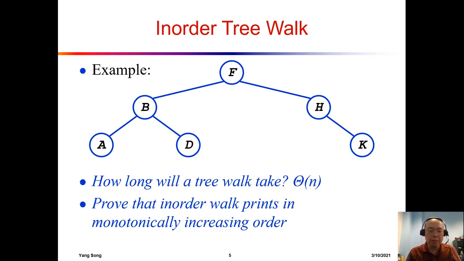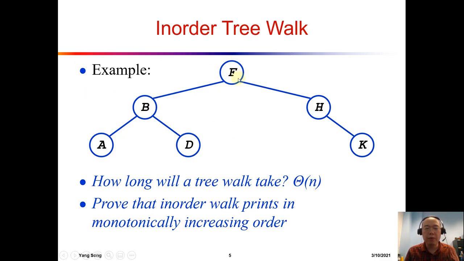For example, if we want to do an in-order tree walk, you will find something really interesting, because the sequence of the in-order tree walk for this tree will be: you start from A, and then after that B and D. After that, all the left subtree is done.